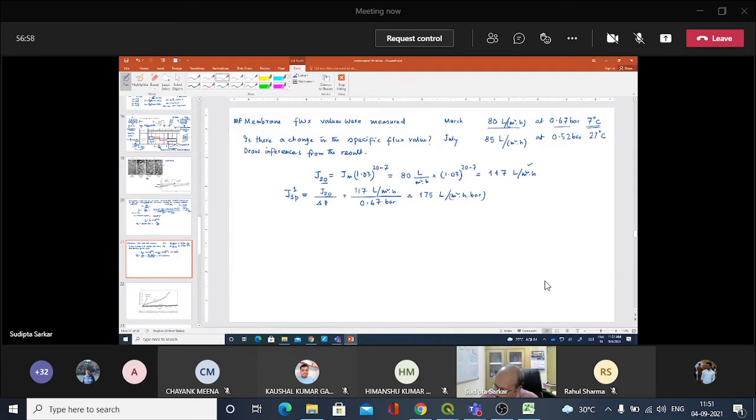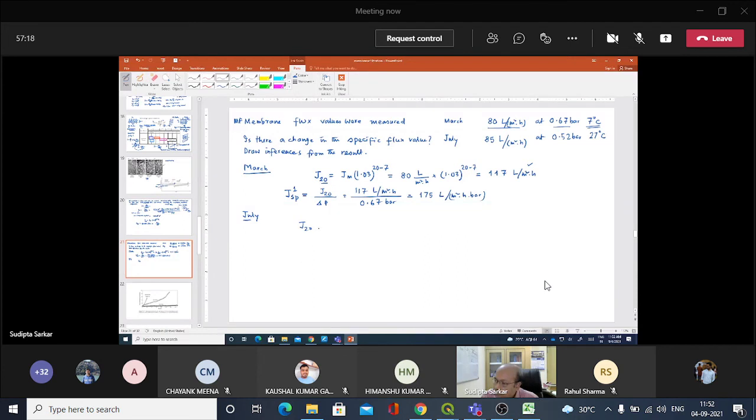So this is the specific flux for March. Now, what happens in July?